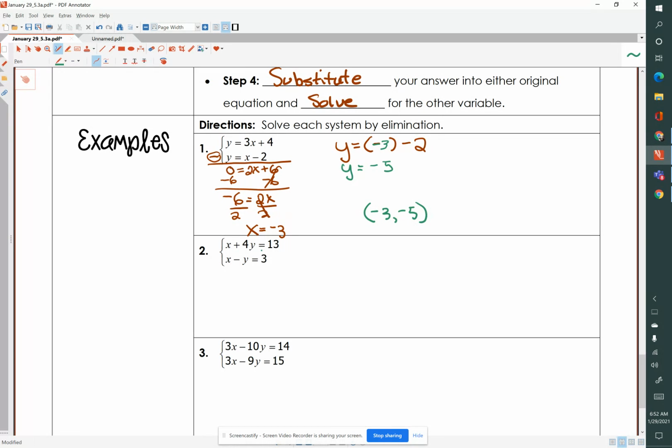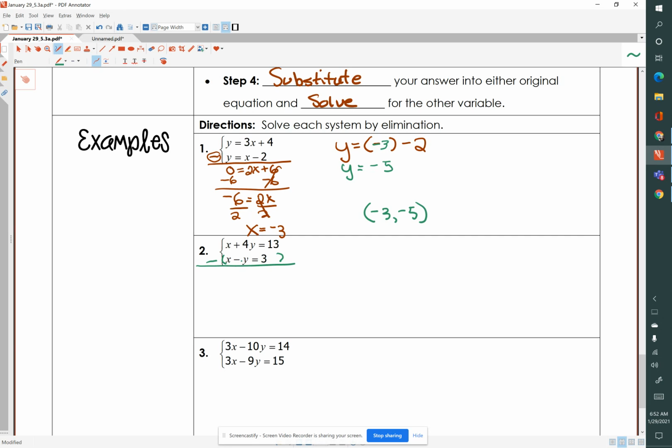We have x plus 4y equals 13, x minus y equals 3. For this particular problem, I think I'm just going to subtract the second equation from the first. Sometimes you can put parentheses around it if that helps you. So x minus x eliminates the x's.